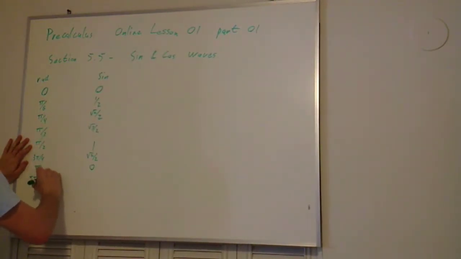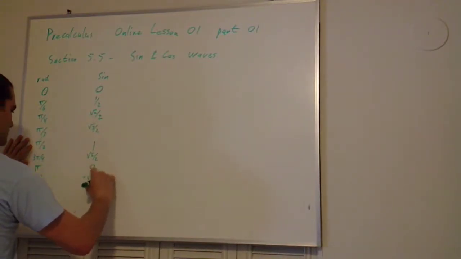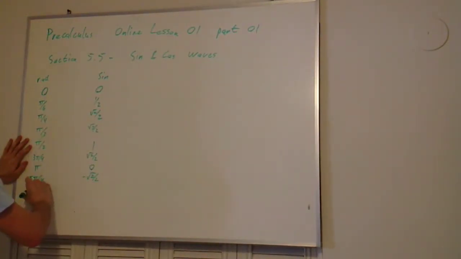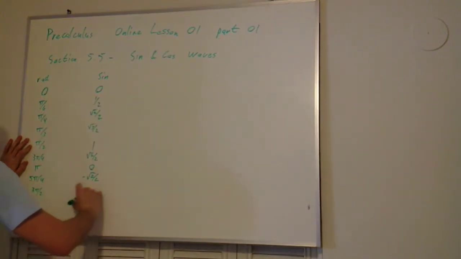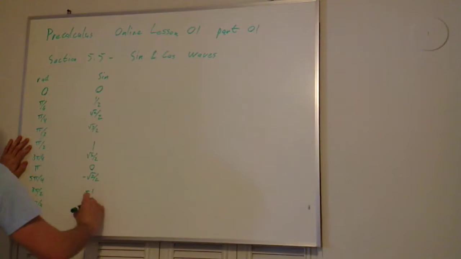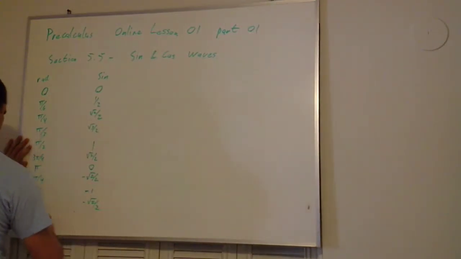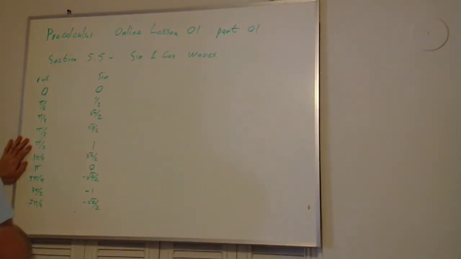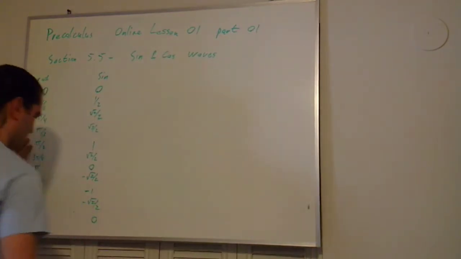At 5 pi over 4, I'm going to get negative root 2 over 2. At 3 pi over 2, I'm going to get negative 1. 7 pi over 4 will give me negative root 2 over 2 again. This is in the 4th quadrant now. And then all the way back to the positive x-axis will be 2 pi for a sine value of 0.